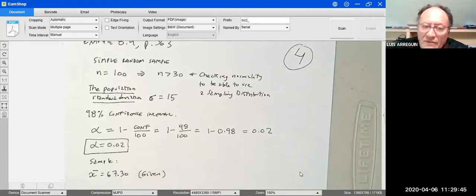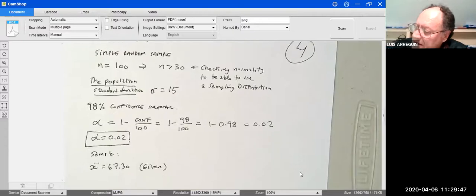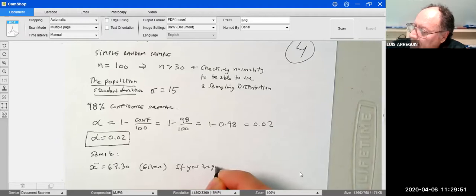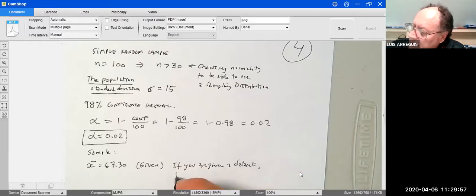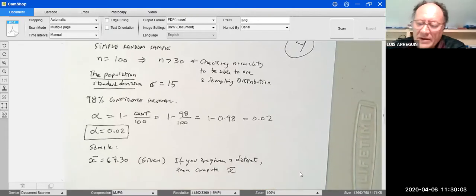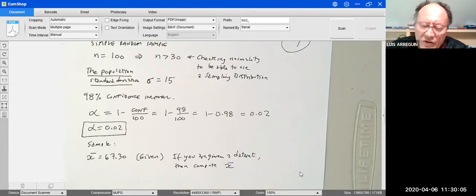Sometimes you need to compute the value if they give you a data set. So if you are given a data set, the actual sample, then compute the mean. In this case, they did it for you. So we only need to apply our formulas.